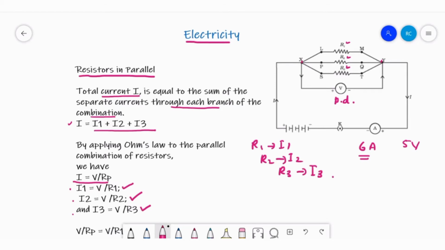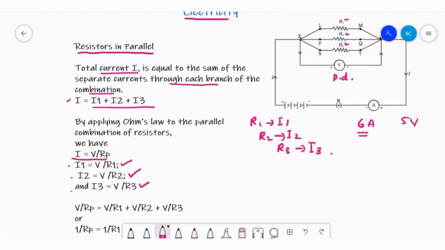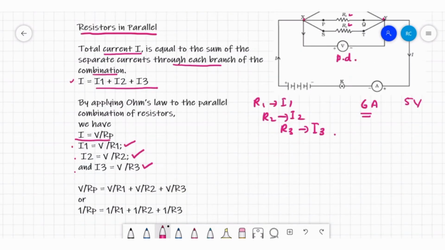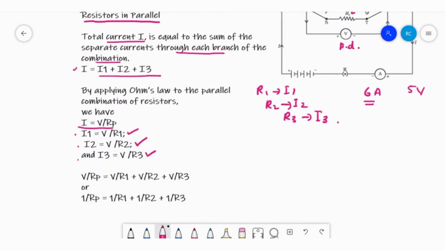Now, when you apply this into V by Rp, you will get V by Rp is equal to V by R1 plus V by R2 plus V by R3. Okay, and current is common, which means it is connected to three resistors. So the entire current is divided into three individual currents.